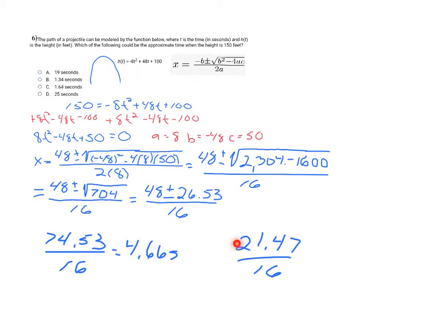And so when I subtract, I get 21.47 divided by 16. And when I do that division, I get 1.34 seconds. And so here it's saying that it's going to be at 150 feet at 4.66 seconds and 1.34 seconds. And so both of these are right answers.